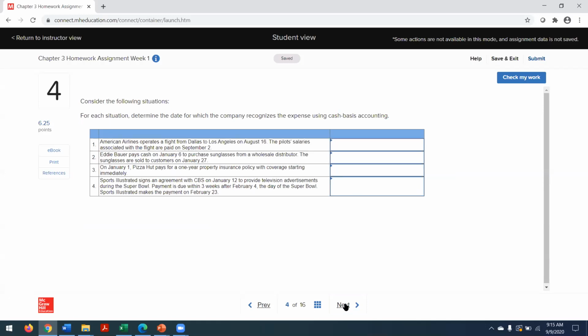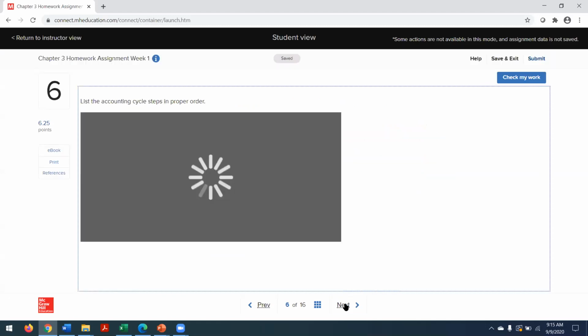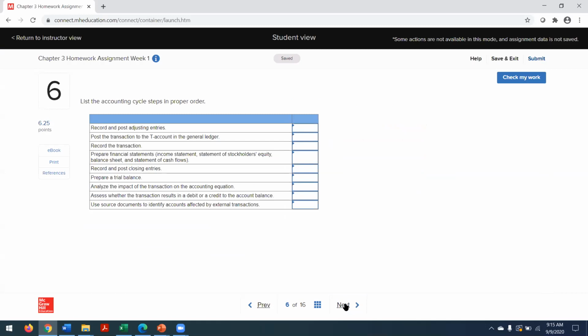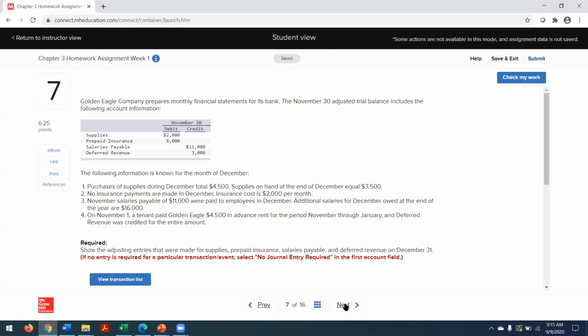And these are expenses using the cash basis of accounting. We went over this problem. You're going to have to list these accounting steps in proper order. We went over this problem already on our PowerPoint.